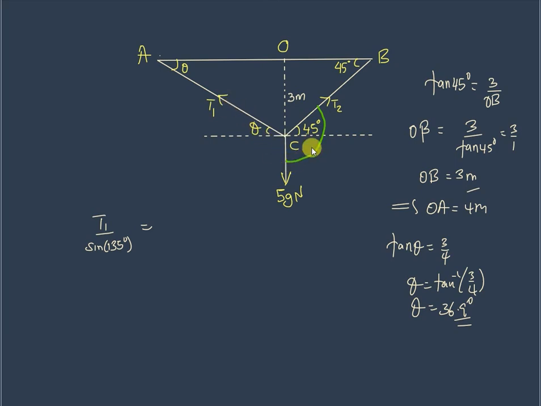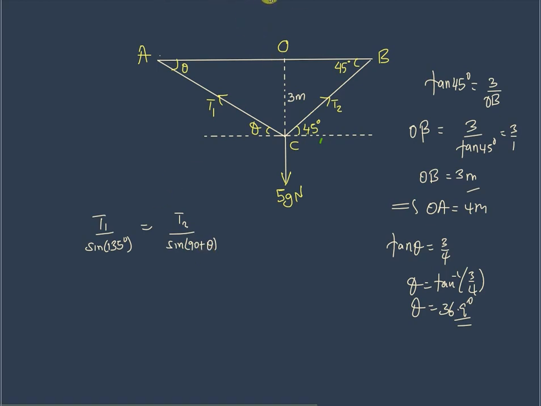So you have T1 over sine of that angle. It is 90 plus 40 plus 45. Then we also have that that one is equal to T2 divided by sine of 90 plus theta.